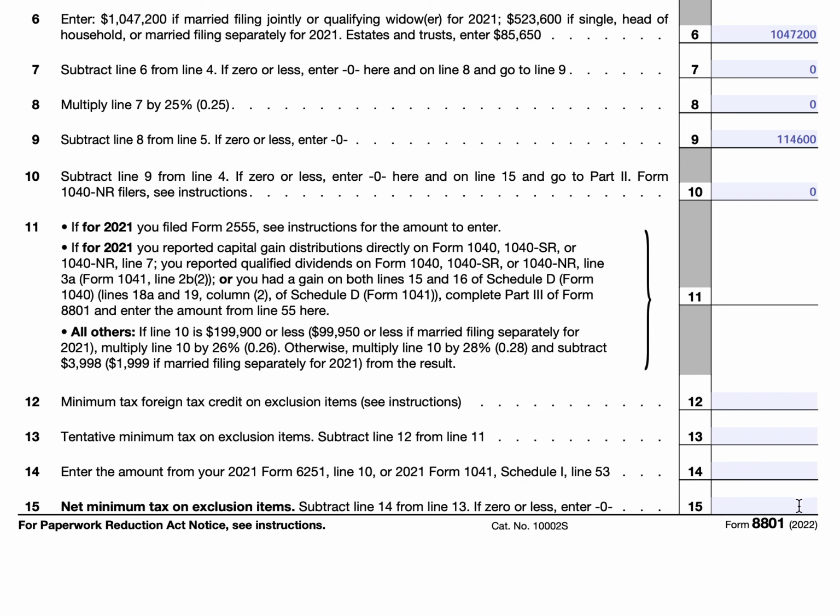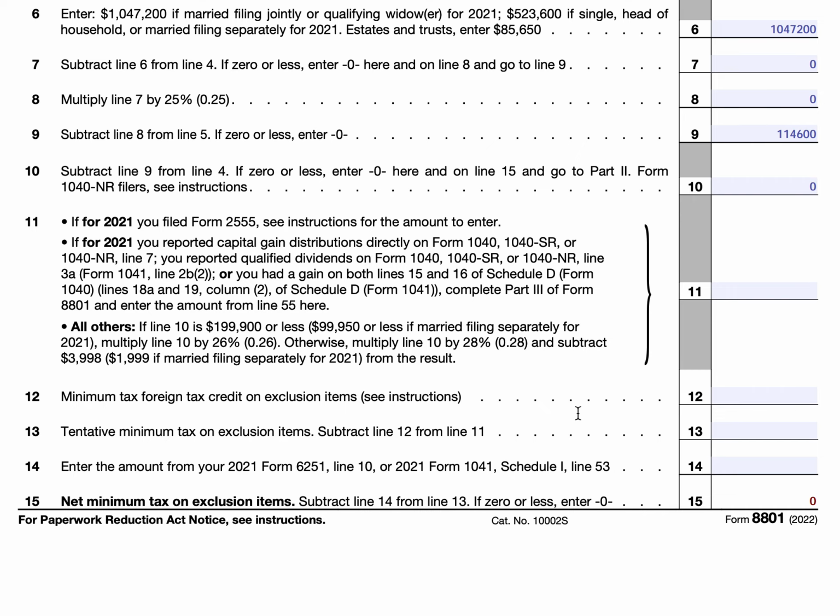So in this situation, we don't have to worry about any of that. So if you're with me, we had to calculate the tax credit that we would have had on exclusion items. We have to back those out so that we can back out the tax credit and apply the tentative minimum tax.